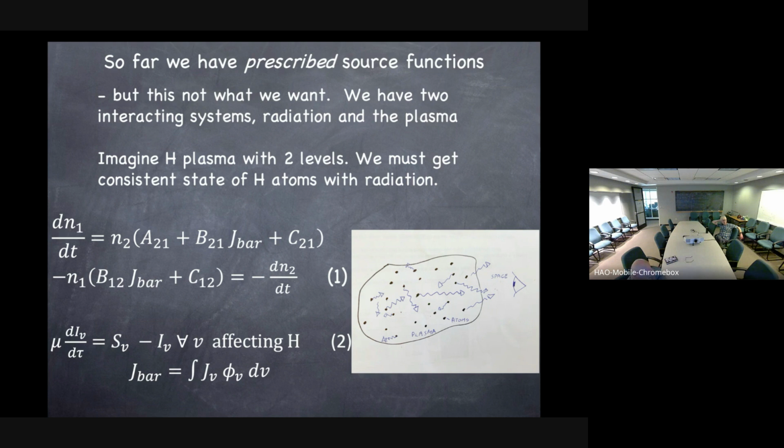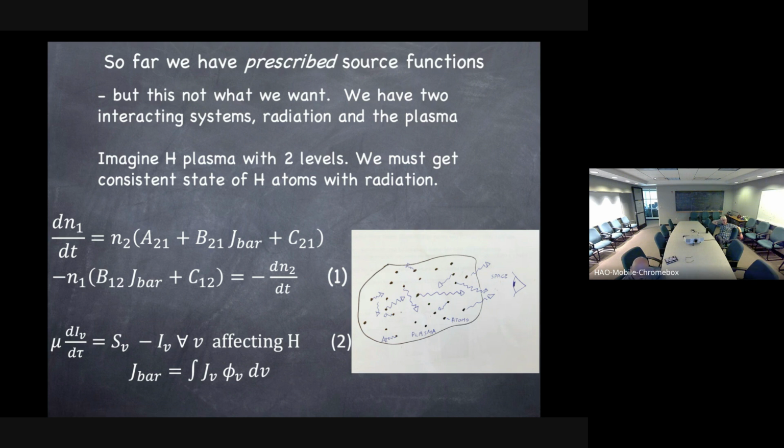So we want to solve simultaneously for the sources and sinks of radiation with the radiation field. As illustrated in this little sketch at the bottom here, our plasma consists of two tanks of energy. One is in the photons, which are just flying around all over the place.